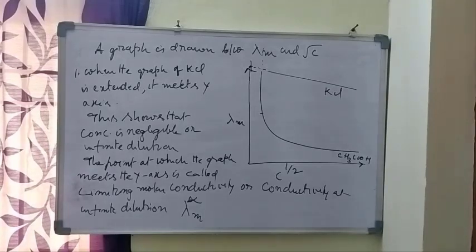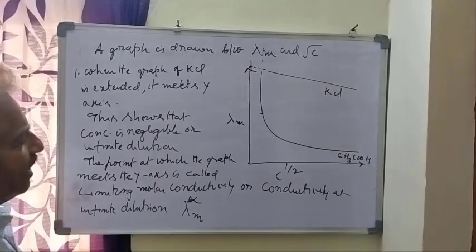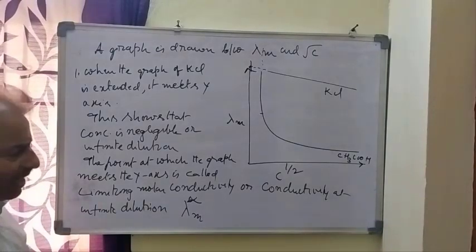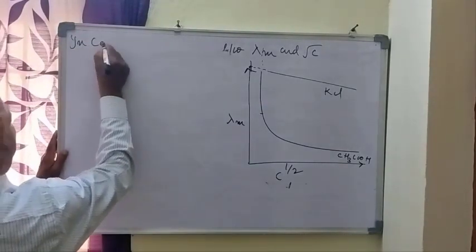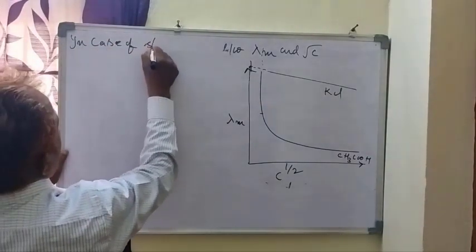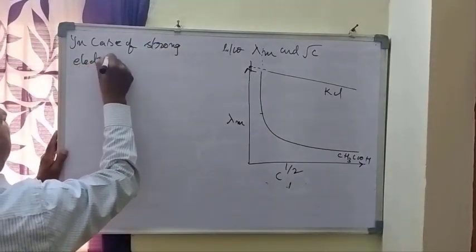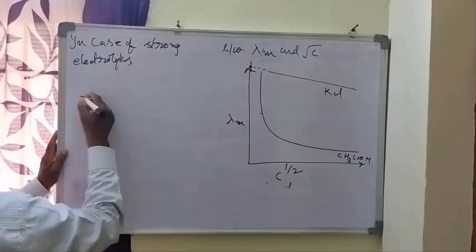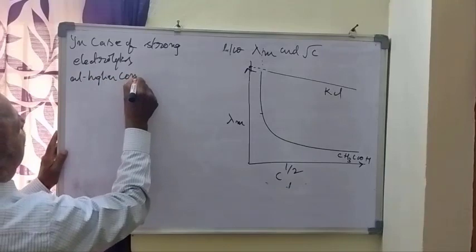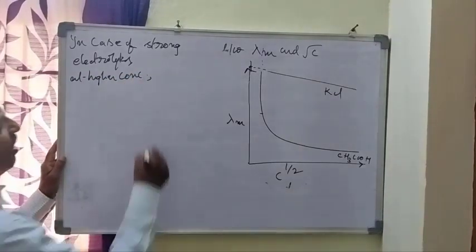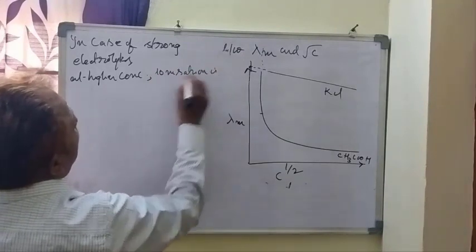Now, why is it that for strong electrolytes as well as weak electrolytes the molar conductivity increases, that we discussed just now. So in case of strong electrolytes, at higher concentrations, ionization is complete.